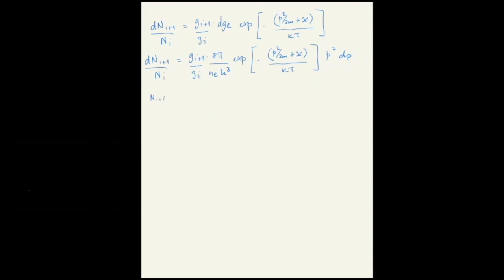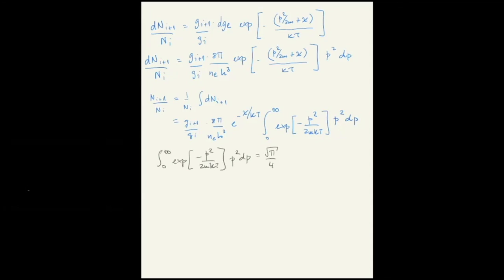That means ni plus 1 over ni is equal to the integral of the number of states in the ionized states, which is going to give us Gi plus 1 over Gi times 8 pi over the number density of the electrons over the cubic Planck constant times now the exponential of the ionization state over kT, and now the integral of all of the possible momenta. So this is a definite integral. Turns out that this gives you square root of pi over 4 times 2m kT to the power of 3/2.